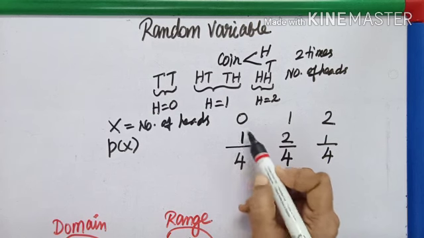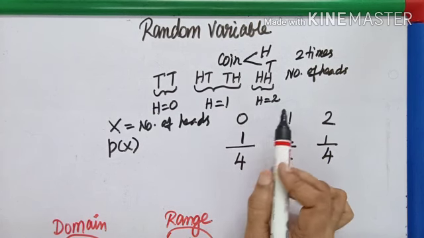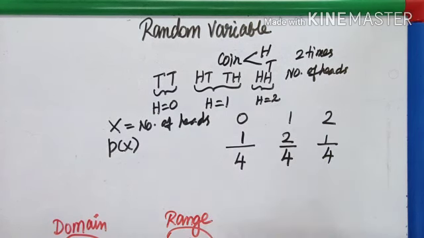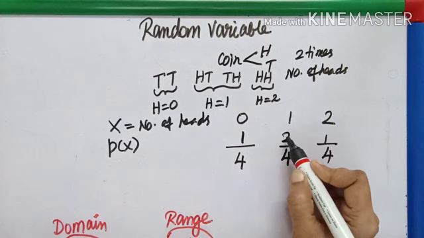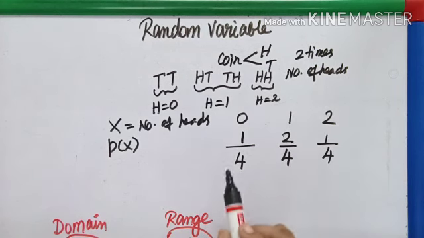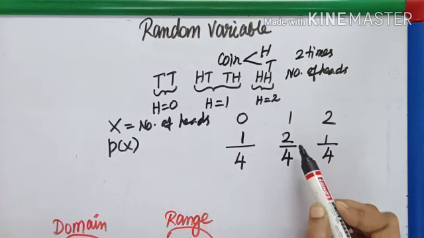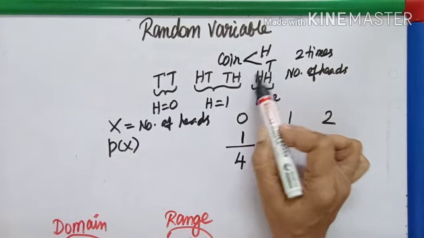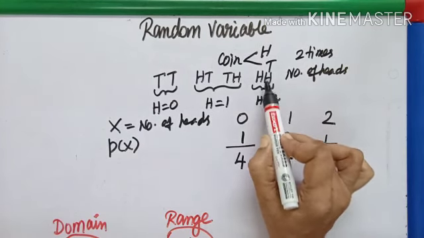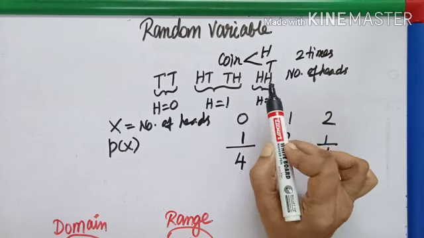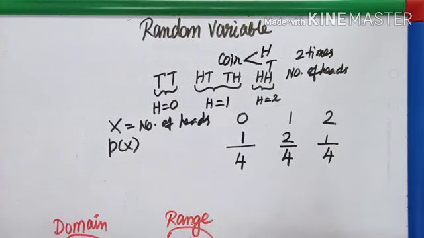Here I must see where I get 0 heads, only 1 case. Here I see where I get only 1 head, 2 cases, 2 out of 4. Here I see only 1 case, both are heads. So my answer is 1 by 4.